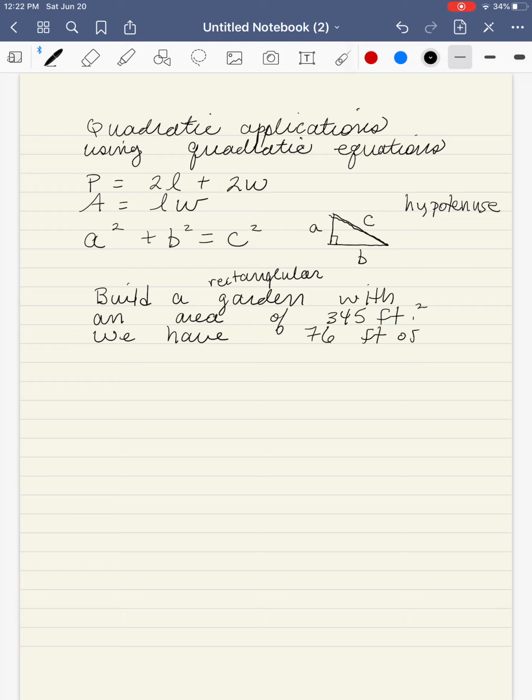We have 76 feet of fence. And let's say we're not worried about a gate or anything. We're just going to fence it completely in, just to make this more simple. What should the dimensions of the garden be?